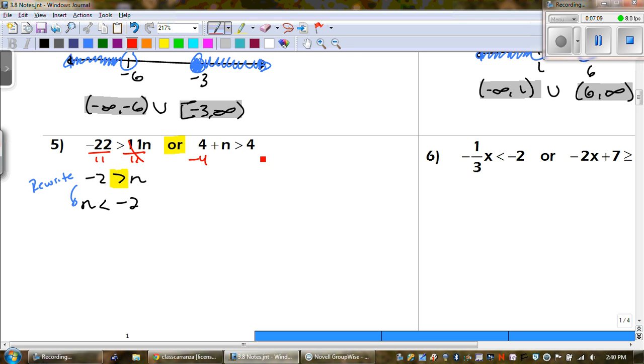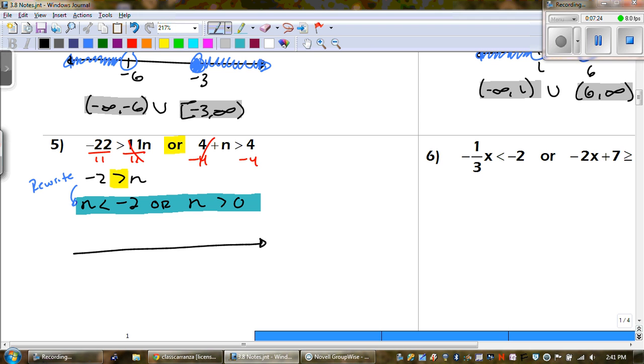Okay, and now over here on the right, we have to subtract 4 from both sides. And when you're done, you get n is greater than 0. Okay, so those are both in order now. Let's graph them. At -2, we're open, so we shade to the left.